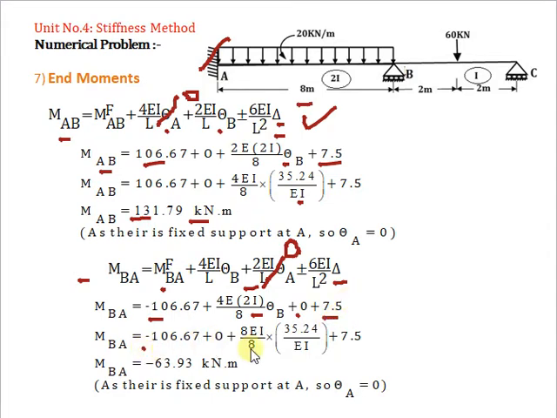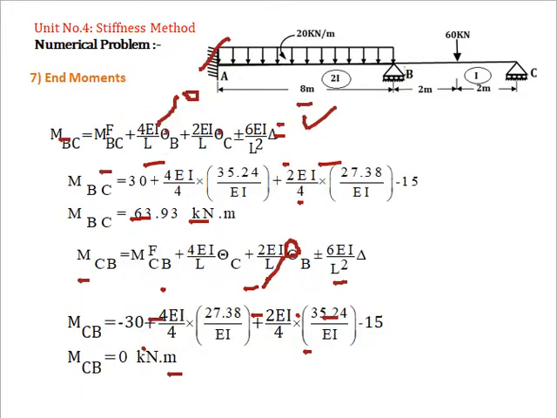Now by putting the value of theta B as 35.24 by EI, we have the moment at B, MBA, equal to minus 63.93 kN meter. So we have the end moments created at A and B.